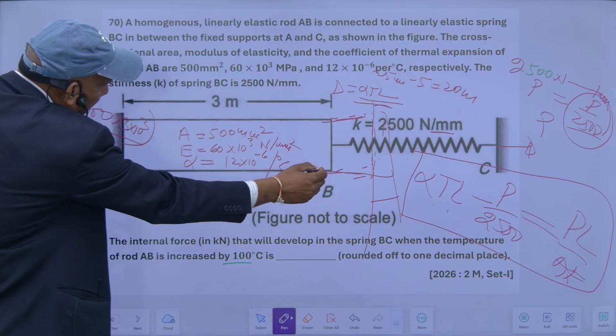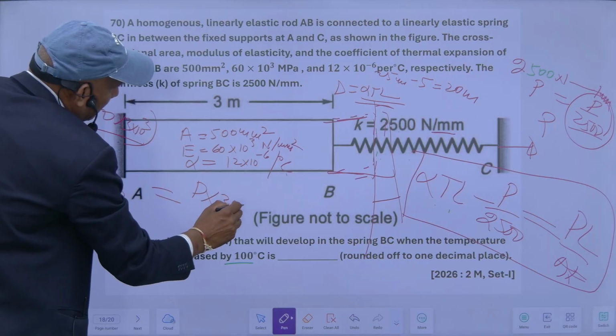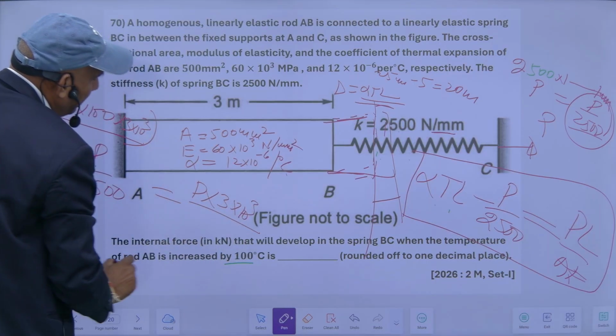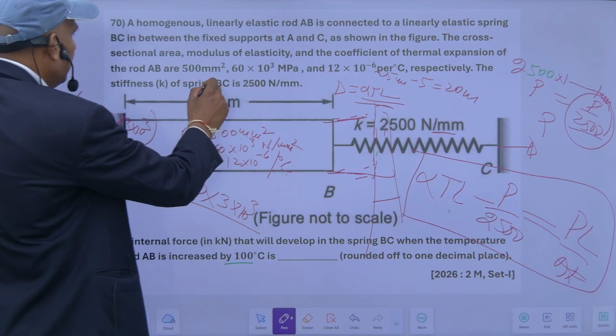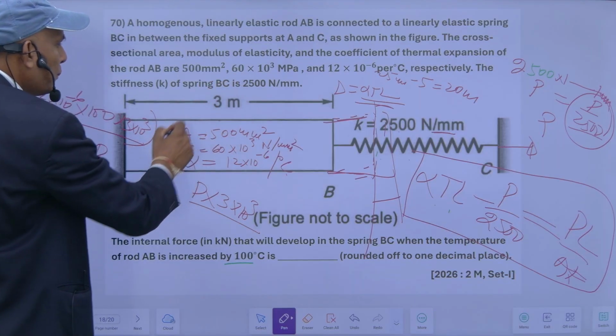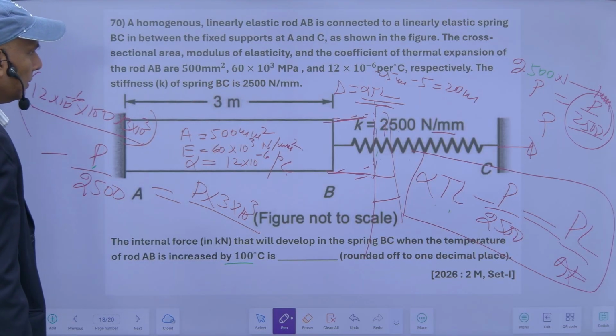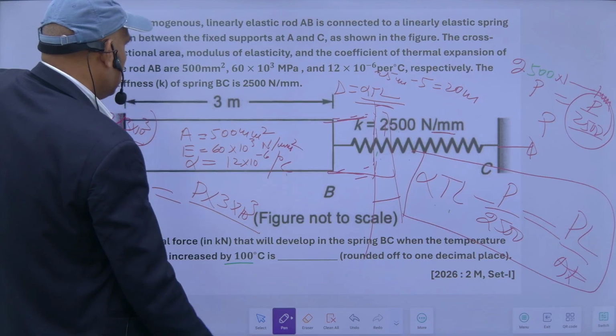What is the value of L? This is 3 meter, means this is length upon AE. And what is the value of AE?